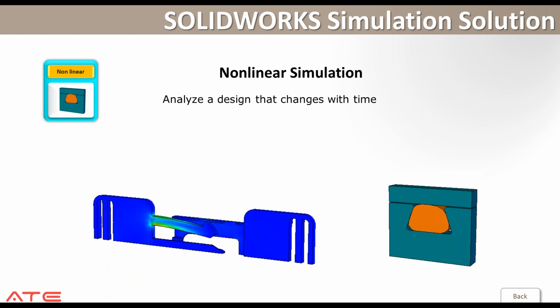If any one of these scenarios is fulfilled, it will be a nonlinear analysis. The first one is material nonlinearity, with materials such as rubber and plastics. We consider those nonlinear materials, where they have very short linear characteristics.